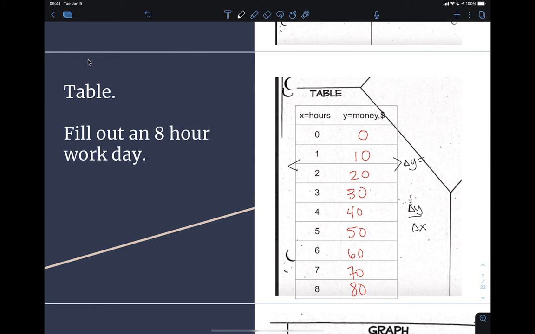The change in y is 20 minus 10. 20 minus 10 is 10. Using those exact same points, I'm going to find my change in x. My change in x is 2 minus 1. And 2 minus 1 is 1. My slope right now is 10 over 1. This is exciting. I can see it in the table by finding my change in y divided by my change in x.